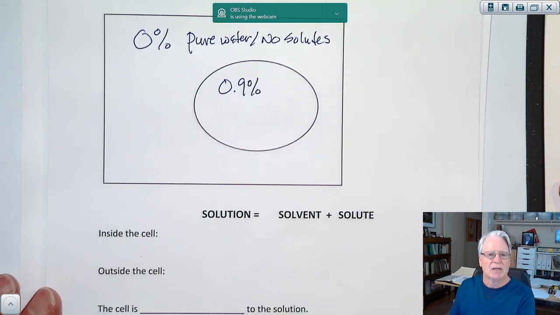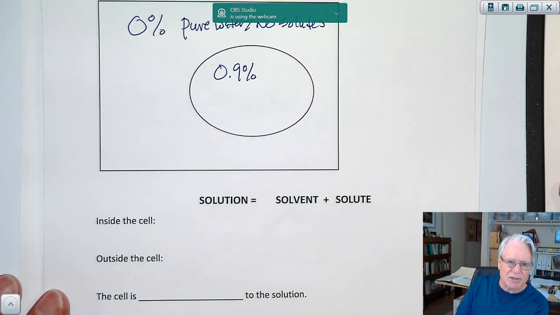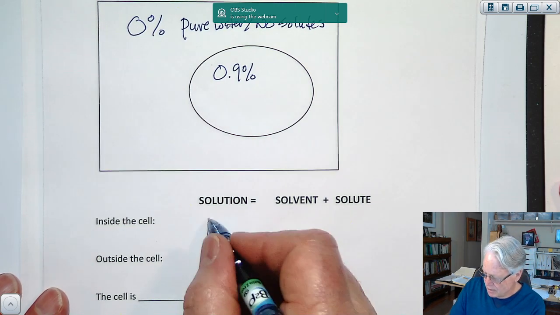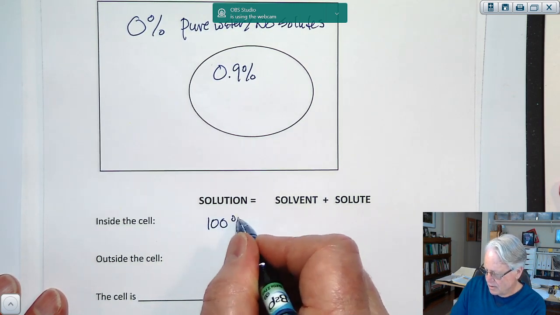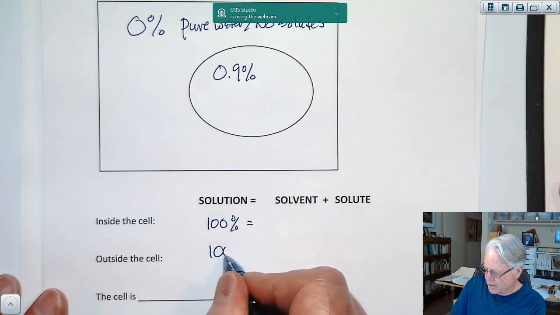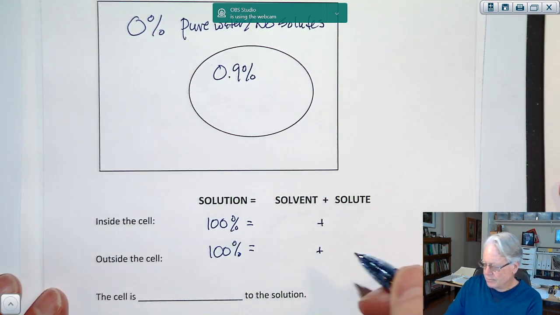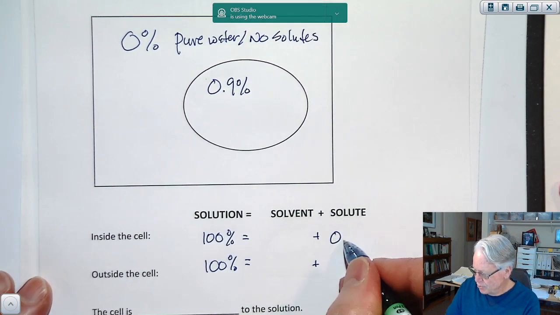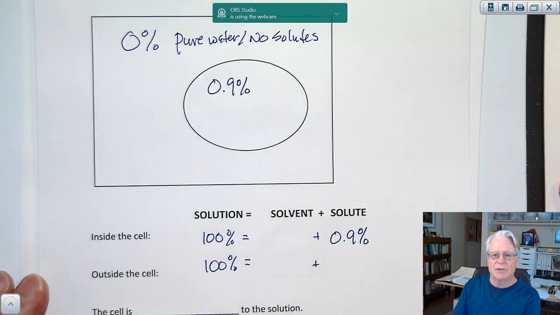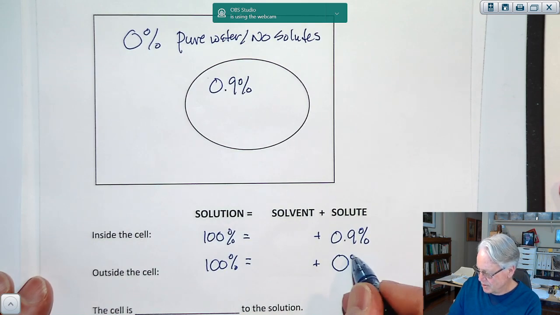Okay. We go through our analysis. So inside the cell, outside the cell. So inside we have 0.9%. We have 0% here.